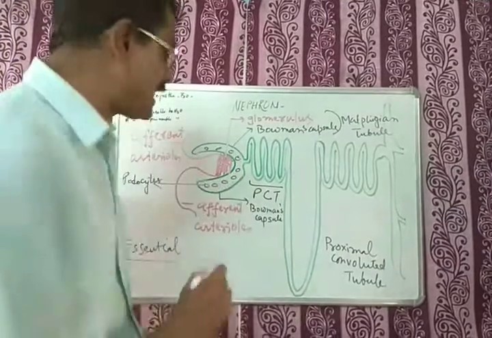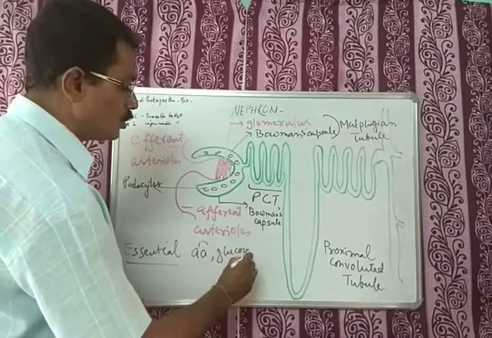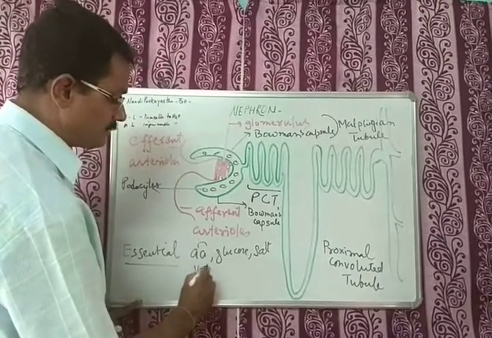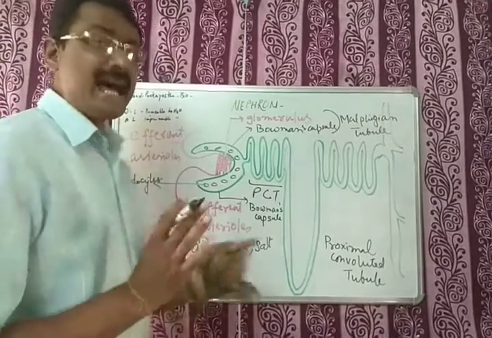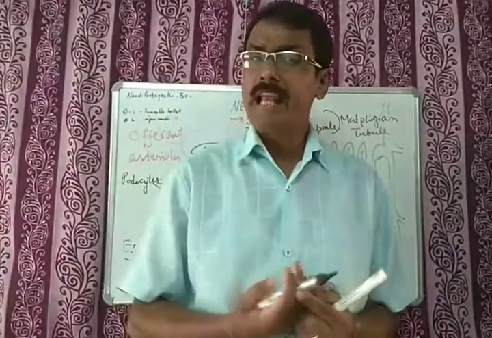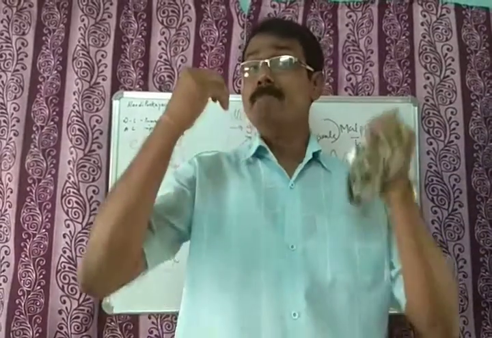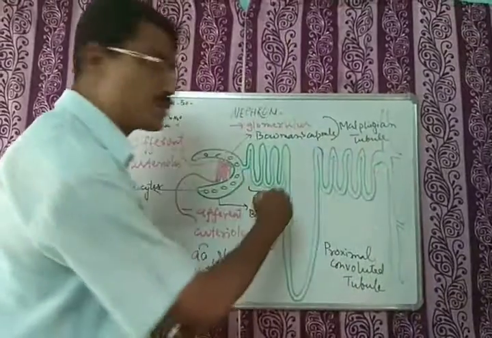What are those essential materials? Amino acids, glucose, salts, vitamins. Okay? These are needed for the body, and if the body loses them, the body becomes weak. So what is the main function of the nephron? To absorb all the essentials.